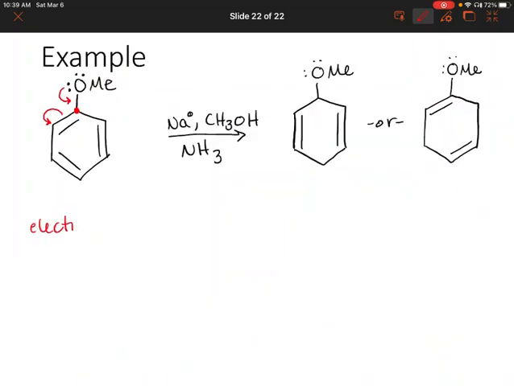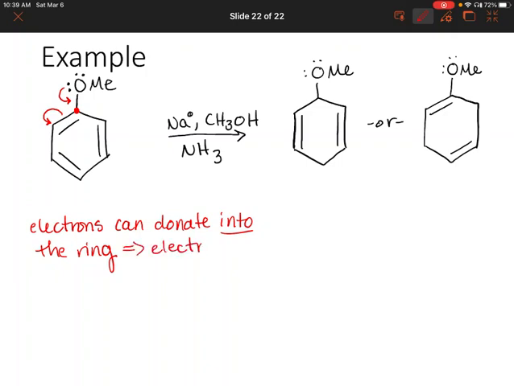So electrons can donate into the ring. So we have an electron donating group. So we'll abbreviate that EDG.